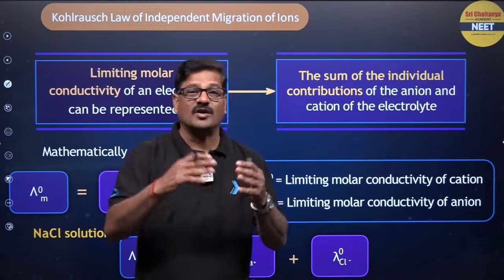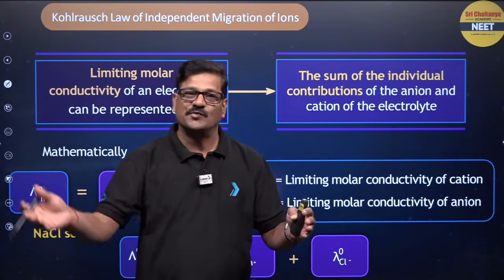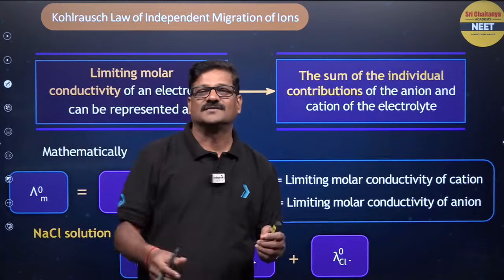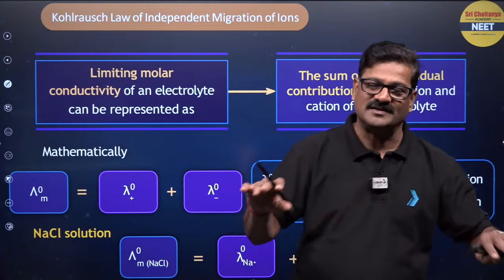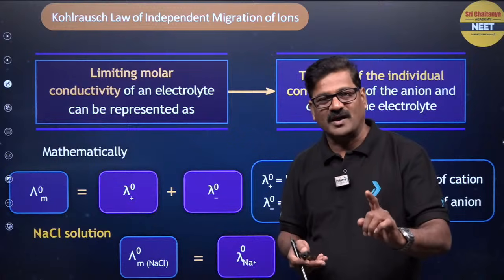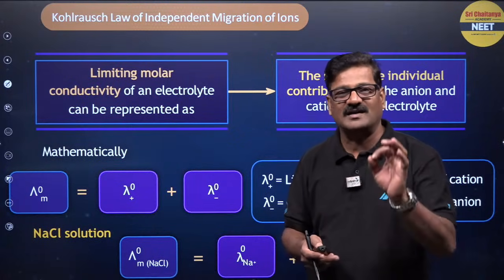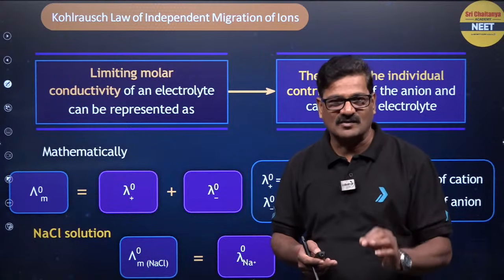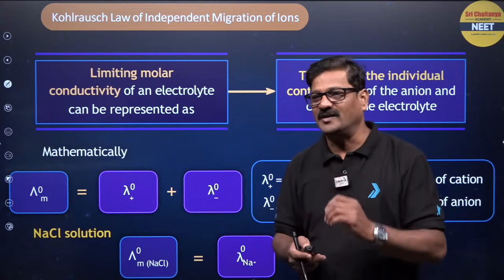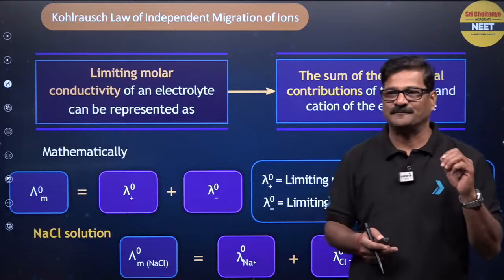More water, more dissociation. Infinite dilution happens when the ionization is completed. So each ion migrates independently and contributes to the total molar conductivity. That is called Kohlrausch law of independent ionic migration.